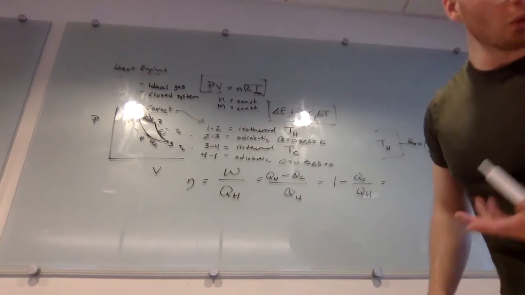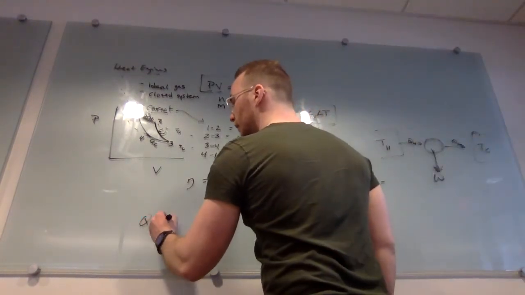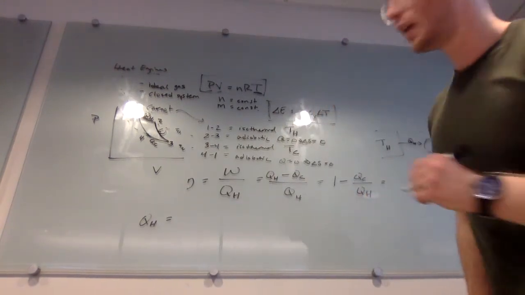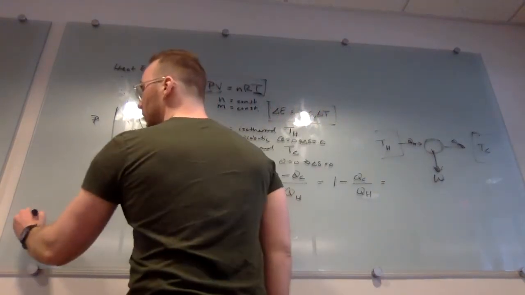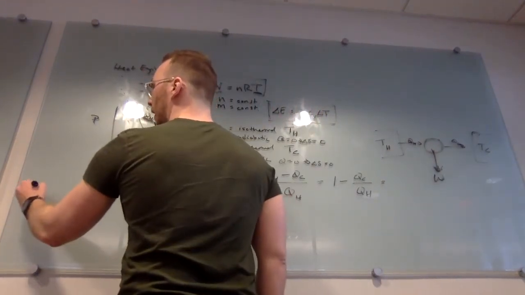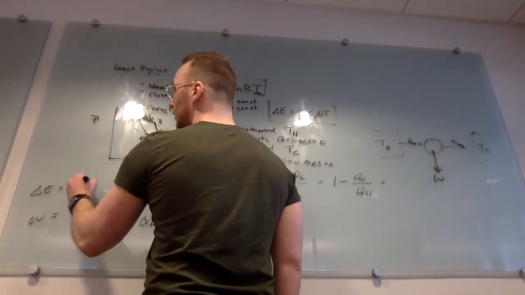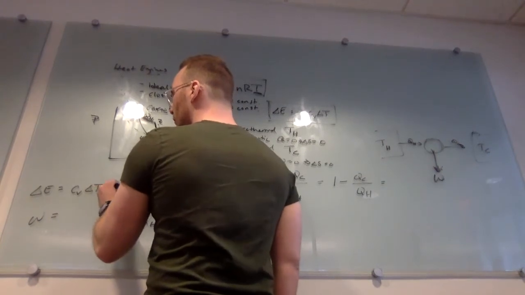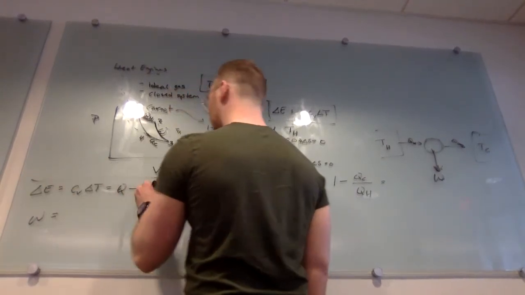So what you could do is say that Q hot is actually equal to, so remember how we know that work, okay, I'm going to write a bunch of equations here. So energy, I already wrote this up here, is C_V delta T, that's the total internal energy. We know that this is Q minus W. I'm not writing these because they're all relevant right now.